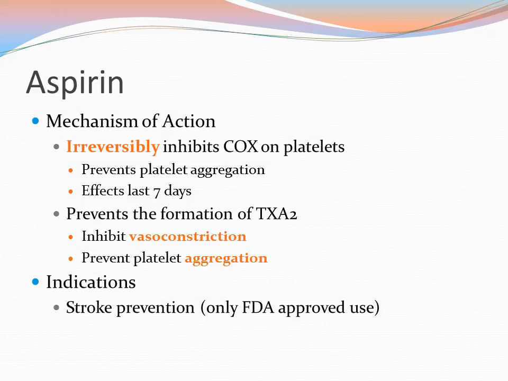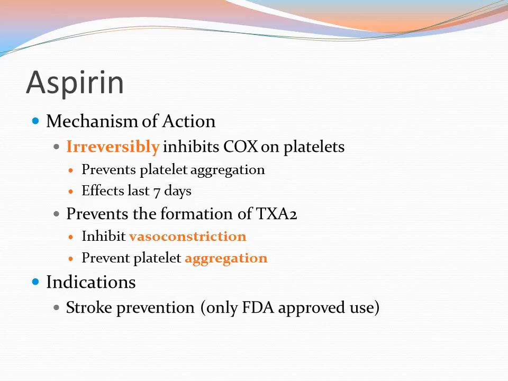For indications, the only thing that the FDA has actually approved aspirin for as far as antiplatelet goes is stroke prevention. However, we do sometimes see people who are just at an increased risk of clots go on aspirin for general protection as well. Or if a patient starts having chest pain, the first thing you're going to do is give them aspirin to help decrease platelet aggregation.